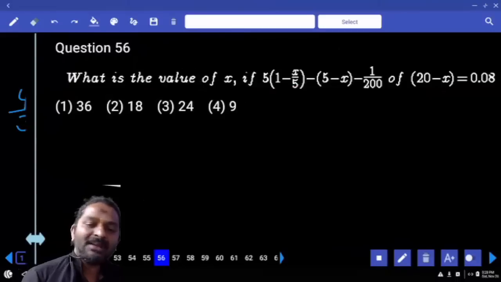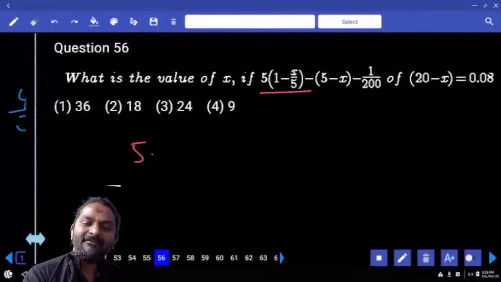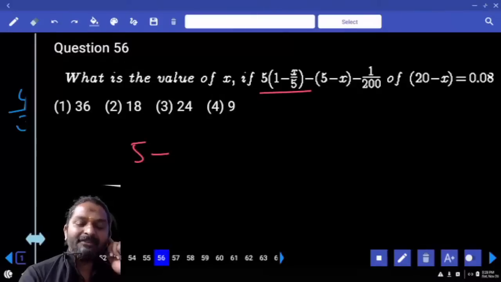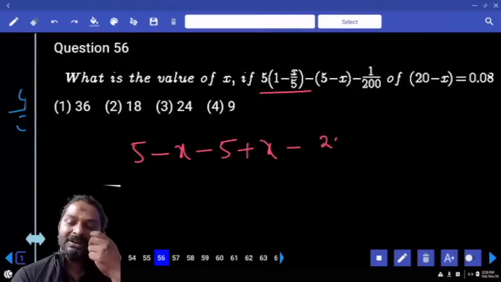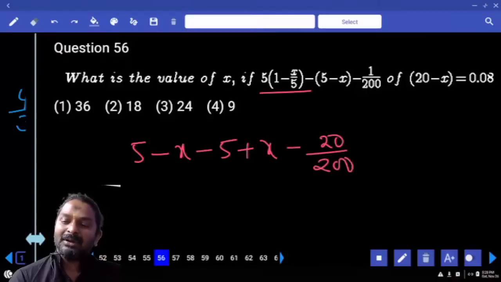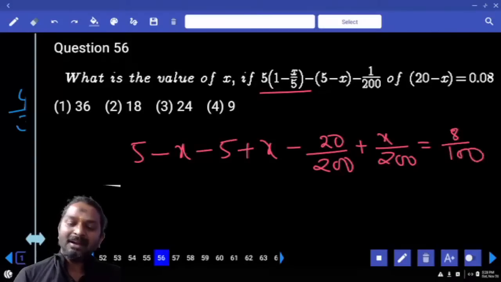Come on, you were asked to calculate the x value. Let's expand this. 5 into x by 5 minus x minus 5 plus x minus 20 by 200 plus x by 200 is equal to 8 by 100.